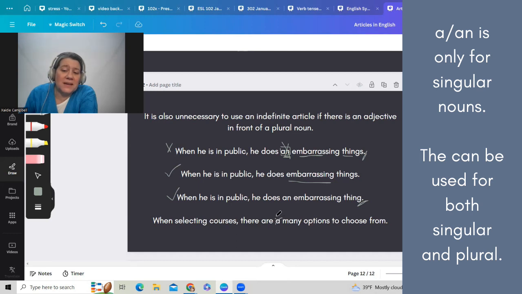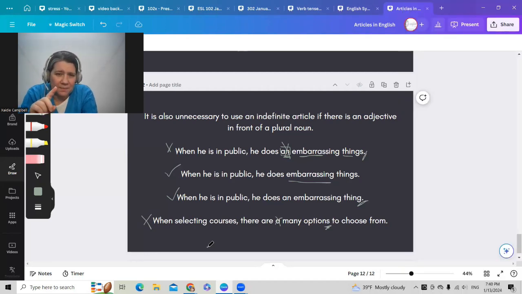The problem is not that there are more adjectives so much as the fact that this is a plural, options, and an indicates one. So you'll only use an when it comes to one item. You'll use the with plural and singular.